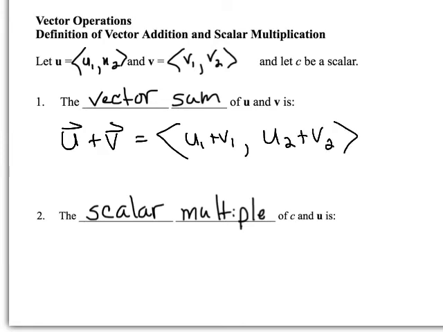I add the x's, I add the y's. Now if I want the scalar multiple of my scalar c and my vector u, that's just like distributing. So c times vector u is <c times u1, c times u2>. It acts like a dilation.